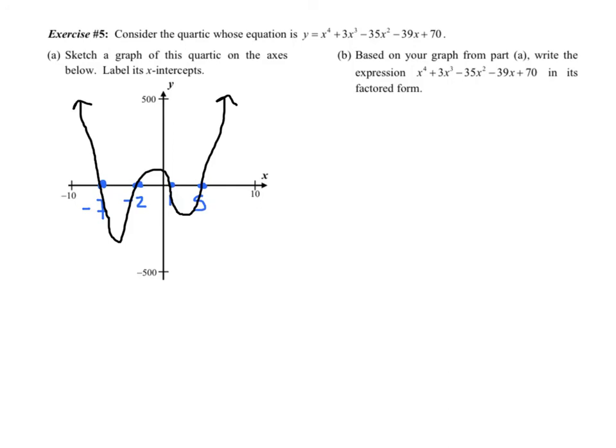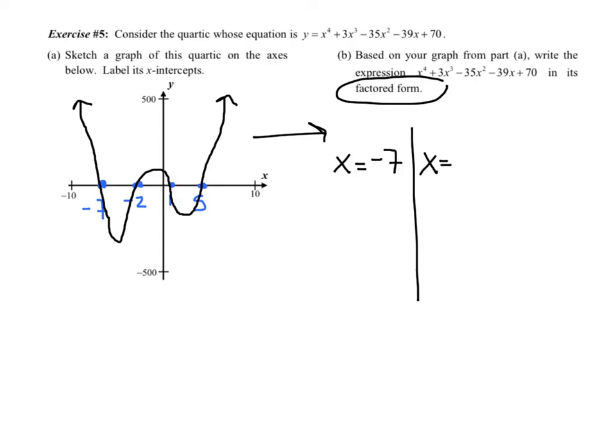Now part B says, based on your graph from part A, write this expression in factored form. So just looking at this graph, you should be able to figure out how this gets factored. Well, let's work backwards. If one root is x equals -7, I'm going to work backwards from my tee basically. x equals -2, x equals 1, and x equals 5.